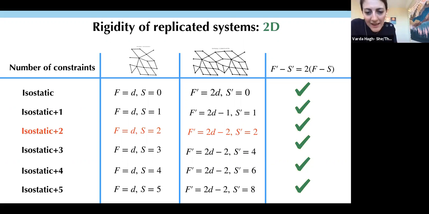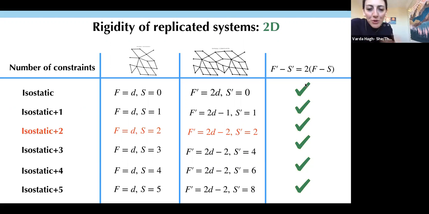If we double that, what happens is that the number of zero modes and the number of states of self-stress do not both double. The number of states of self-stress remains the same, and the number of zero modes changes in a way that makes sure that the equation on the right-hand side of this table, which says that f prime minus s prime is double f minus s, is satisfied.